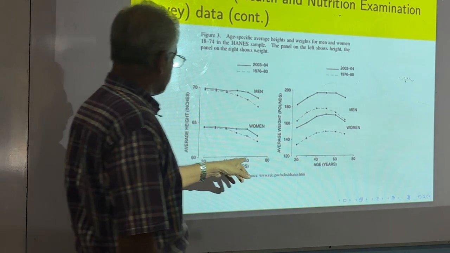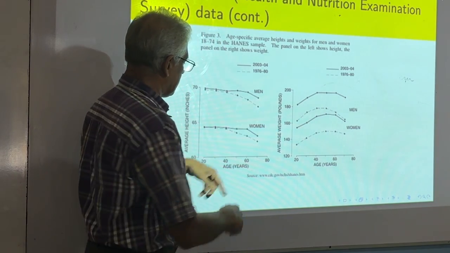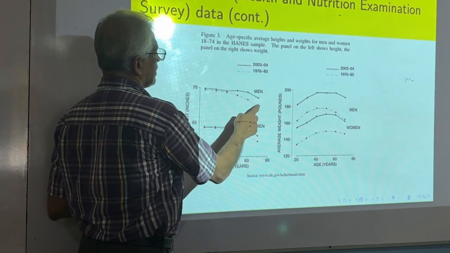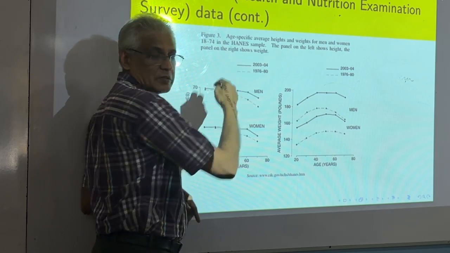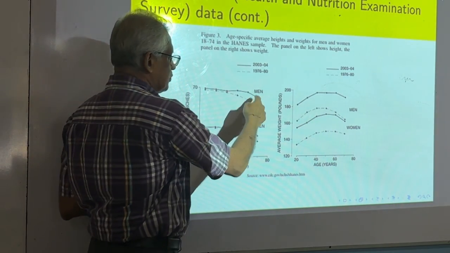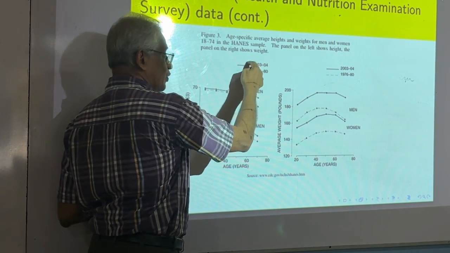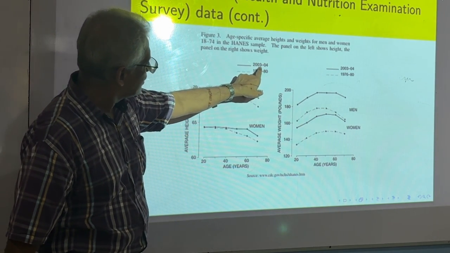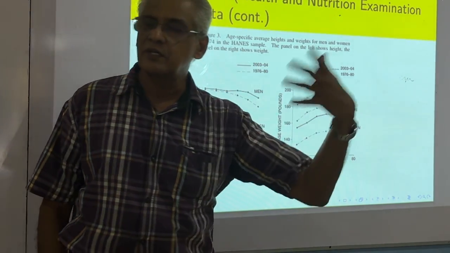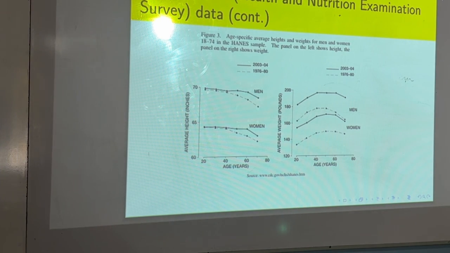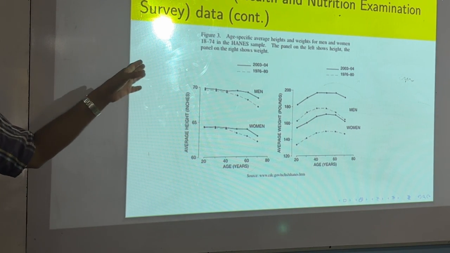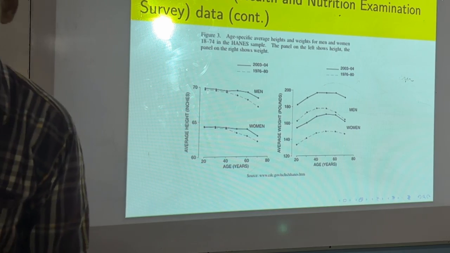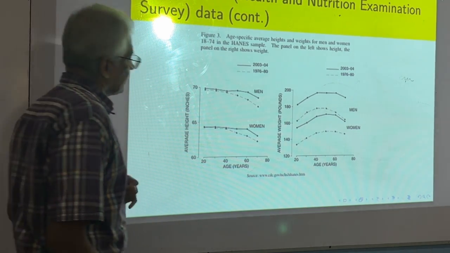For example, if you consider age 70 people here, these people were born 70 years before this, roughly the middle of that. What is 70 years before this? This is like 2003, and if you subtract 70, you get 1930 or something, 1933.